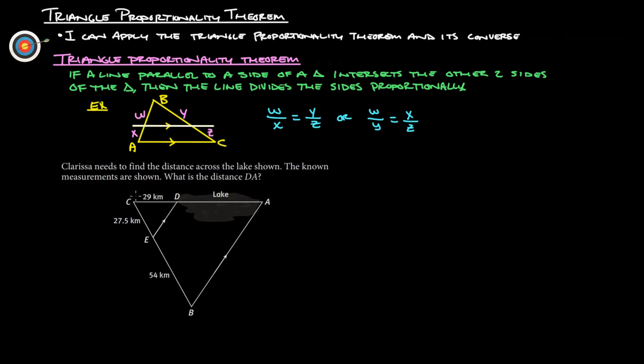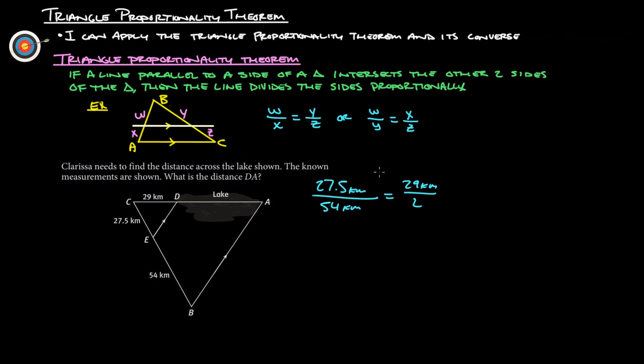Since we know that these two lines here are parallel, we can use our triangle proportionality theorem to state that 27.5 kilometers is to 54 kilometers as 29 kilometers is to L for the lake. So this was 27.5 over 54.